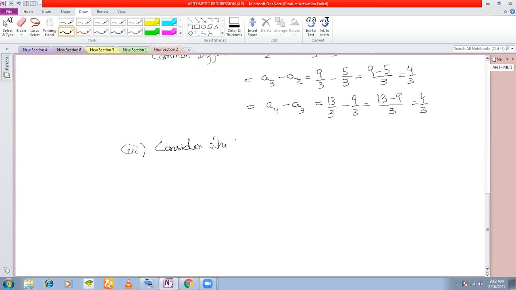Consider the AP. Minus 3.2, minus 3, minus 2.8, minus 2.6, and so on. So here first term is A1, which is equal to minus 3.2, right?